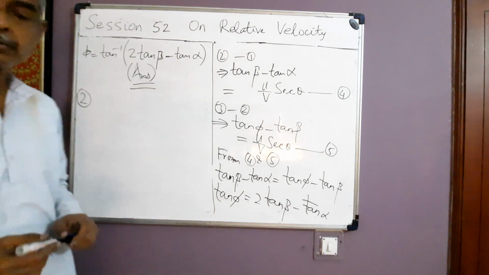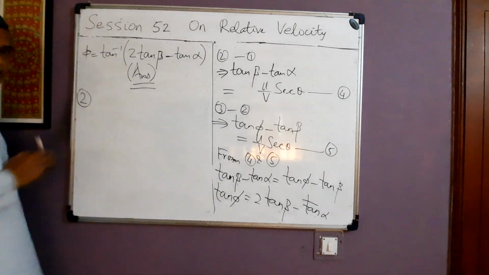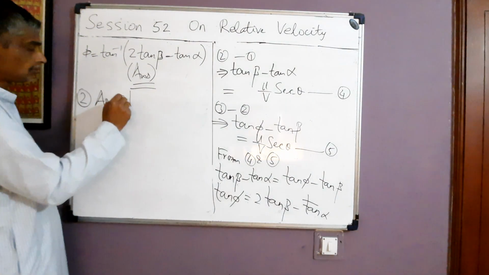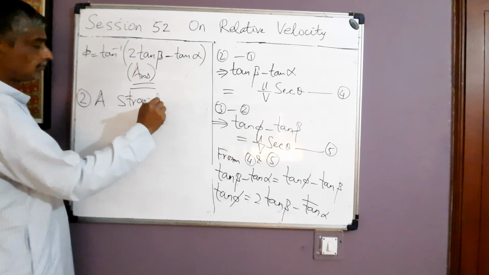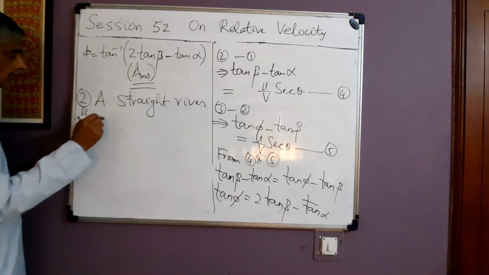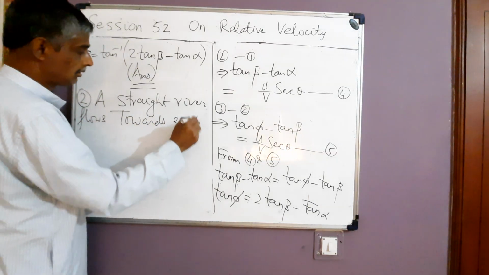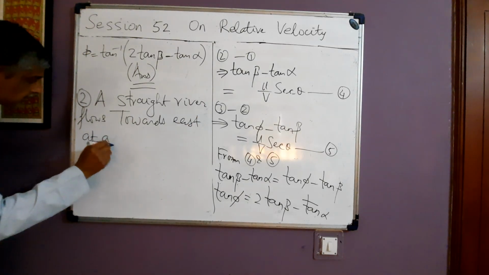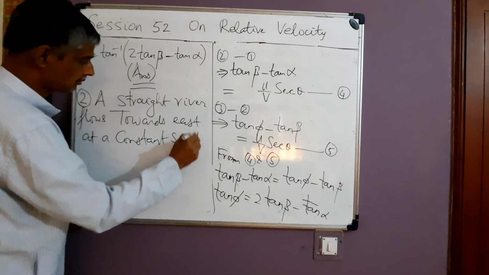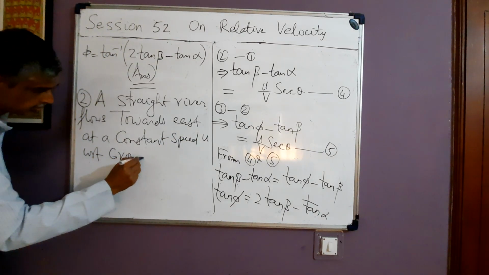Second problem. Alright. Next problem I will take up. Now the second problem is this. A straight river flows towards east at a speed u with respect to ground.